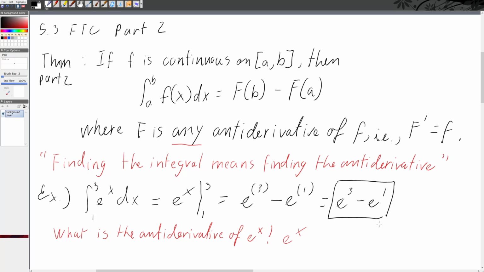Let's do another example. We want to find the integral of x squared from 0 to 1. What is the antiderivative of x squared?